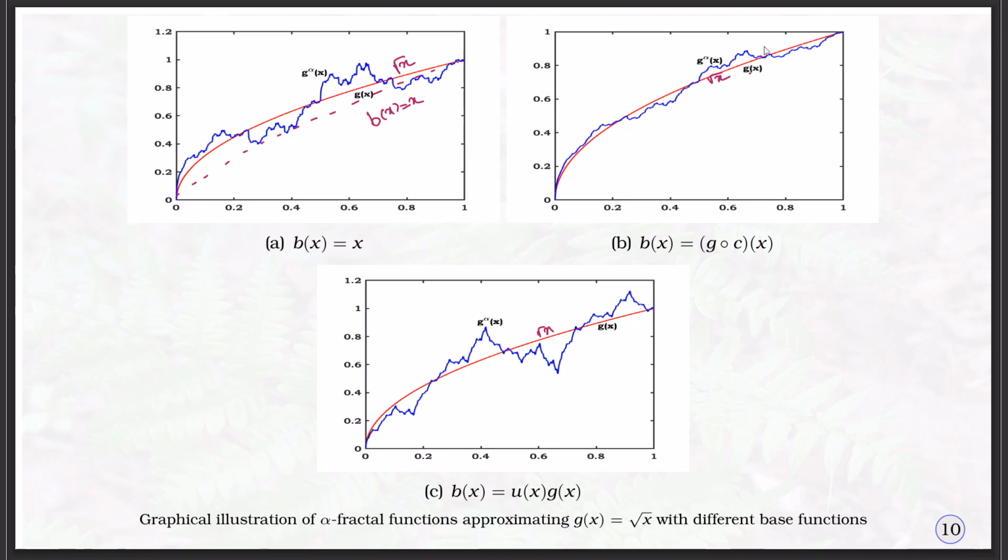Also, by using the error bound, one can find the error between the two functions, that means g alpha and g. Also, these three functions, I can call this g alpha 1, this g alpha 2, this g alpha 3.